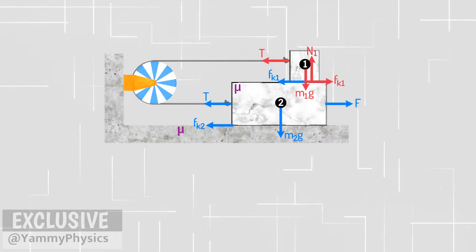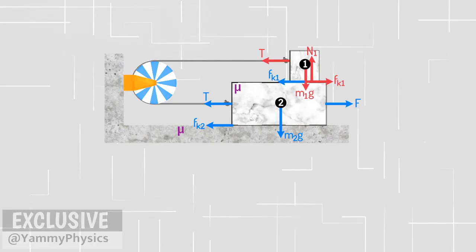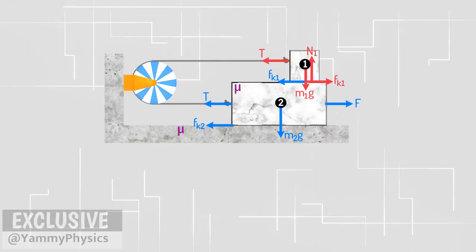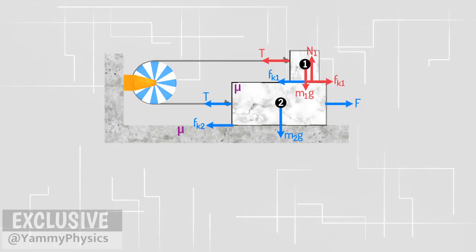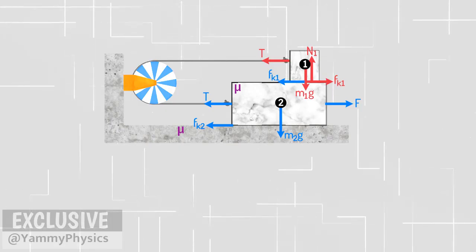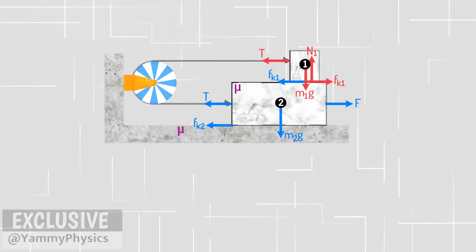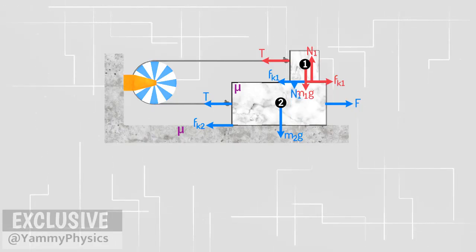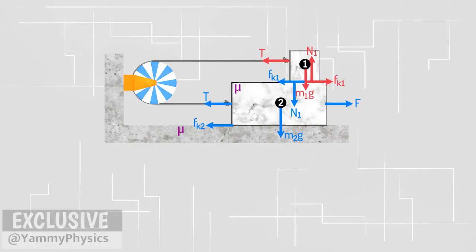Furthermore, the upper block presses on the lower block. Thus, the molecules in the lower block push the upper block with a force known as the normal force, N1. This force N1 arises due to the pressure from the upper block. This means that the lower block also has a force N1, but its direction is opposite to the force N1 acting on block m1.